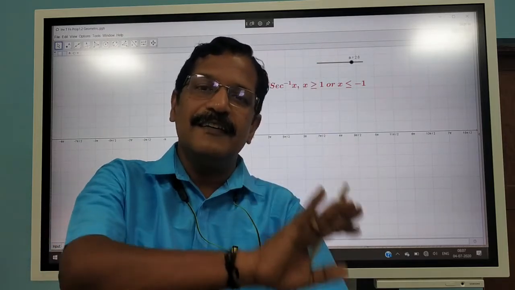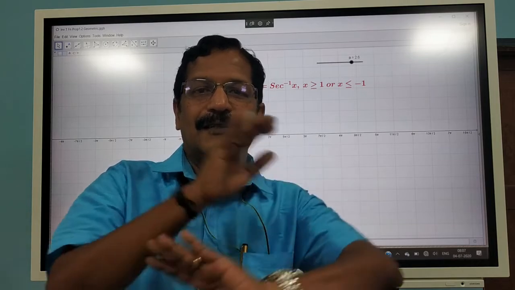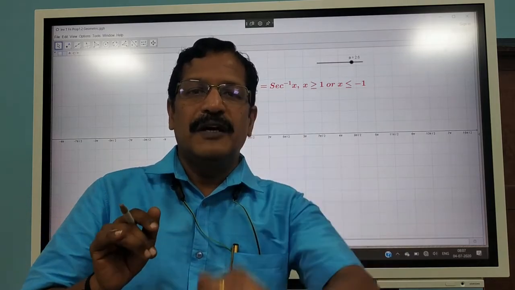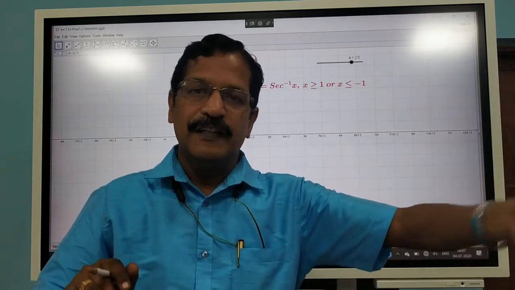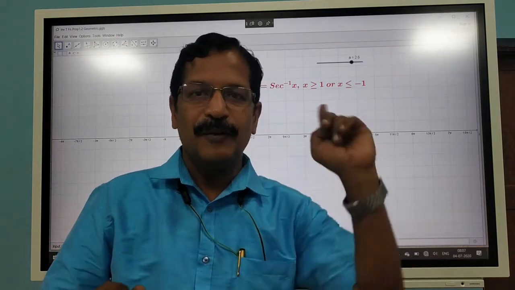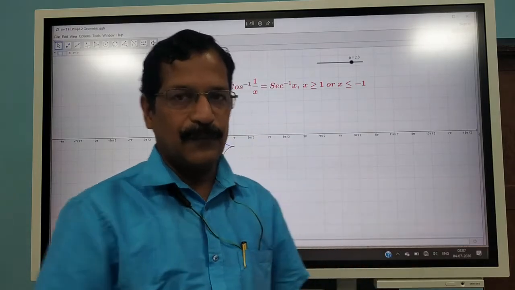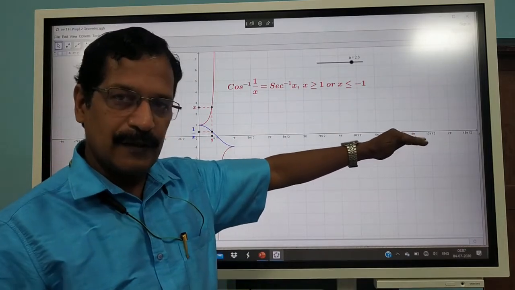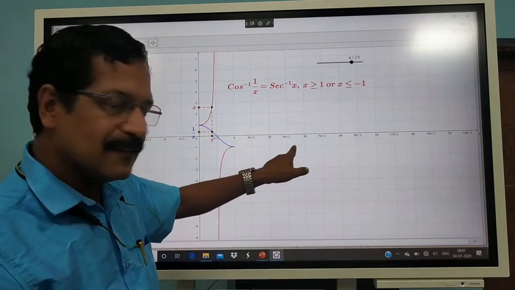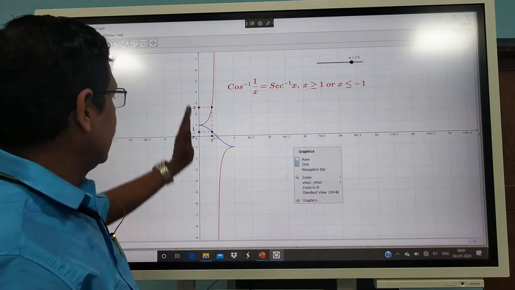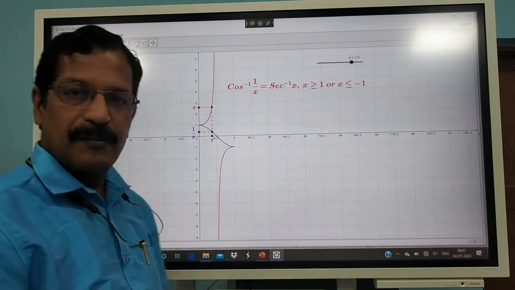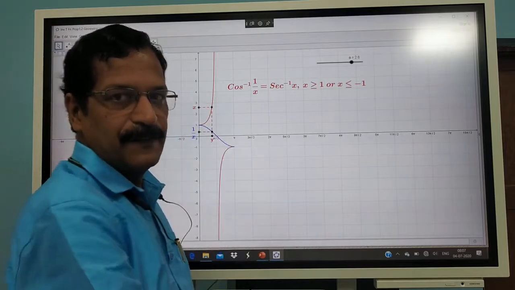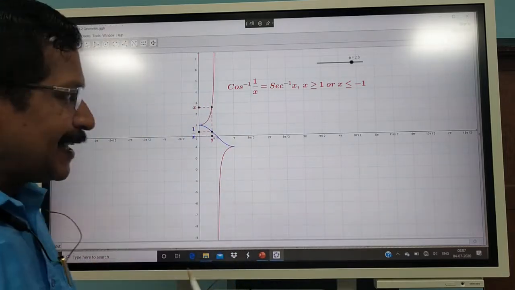Now, if we take the inverse, the domain of the function becomes the range of the inverse, and the range of the function becomes the domain of the inverse. That we know. So the domain in the present case is this one; when we take the inverse, this will be the range. So here I am taking the x value.